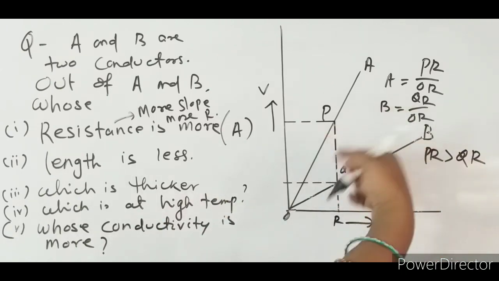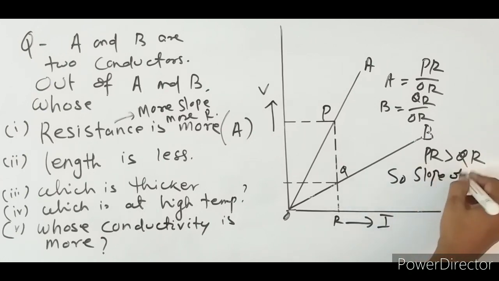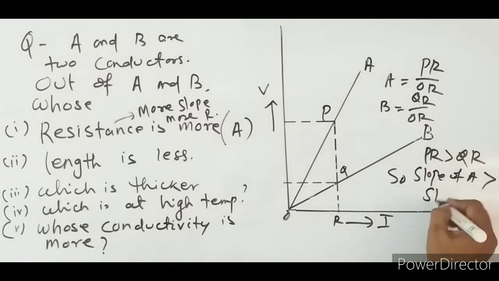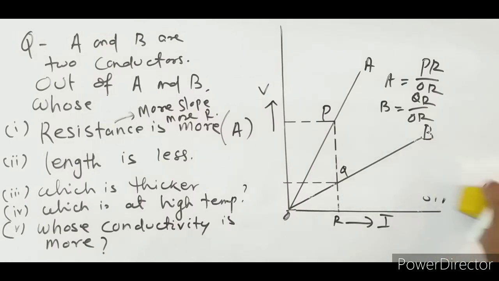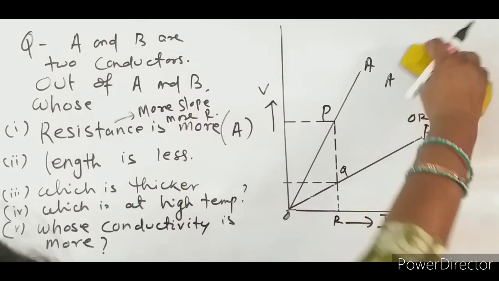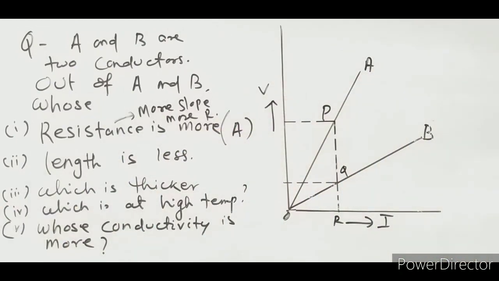Understood? That is why the slope of A is greater than the slope of B. Yes or no? As the slope is more, the resistance will be more. That is why the resistance of A will be maximum.